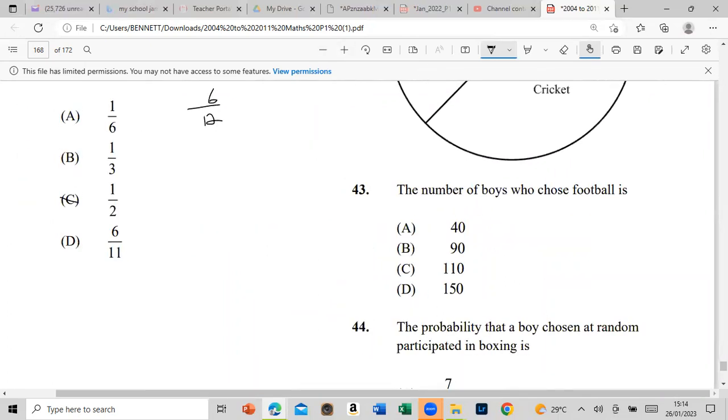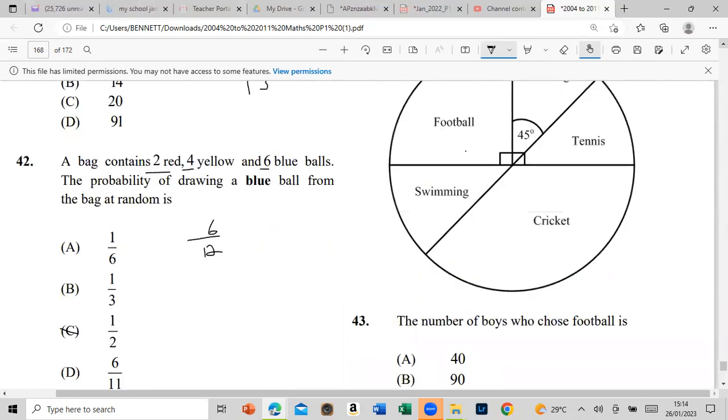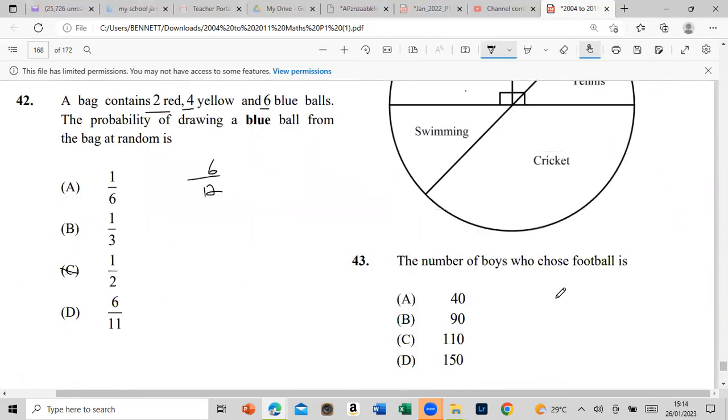So basically football is a quarter. It's 160, so a quarter is 160 divided by 4.